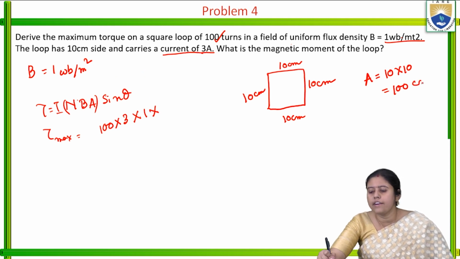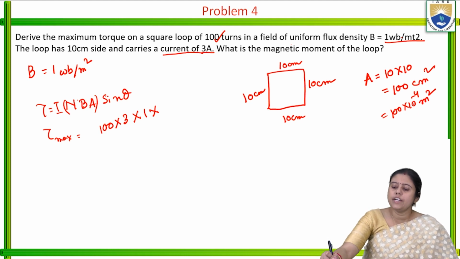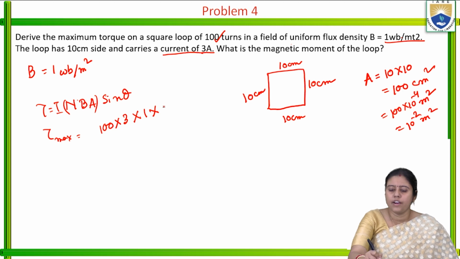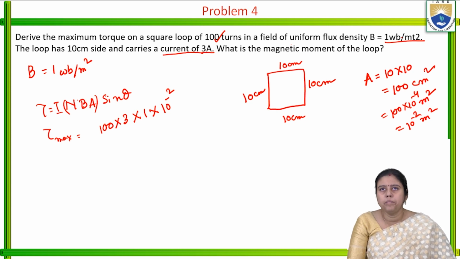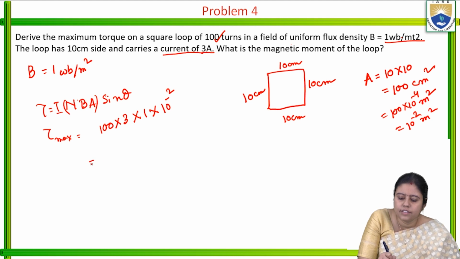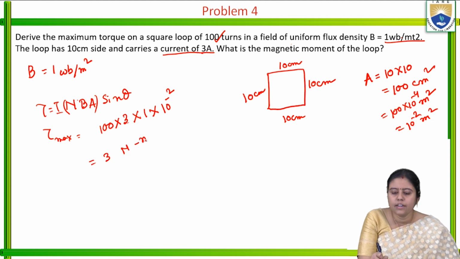It is 100 centimeter square, so it will come 100 into 10 to the power minus 4 meter square. So it is 10 to the power minus 2 meter square. So this is the maximum value, N I B A. So it is coming almost 3 Newton meter.